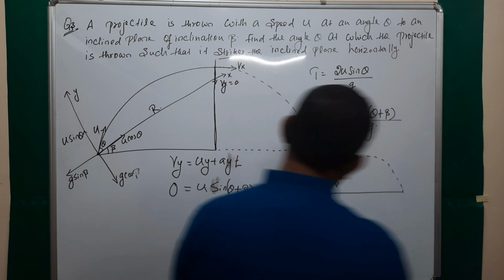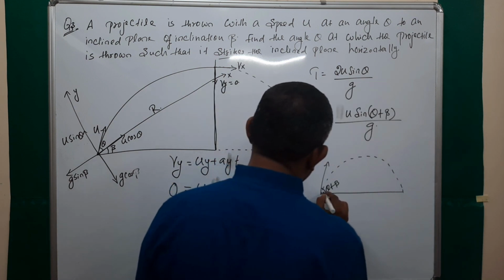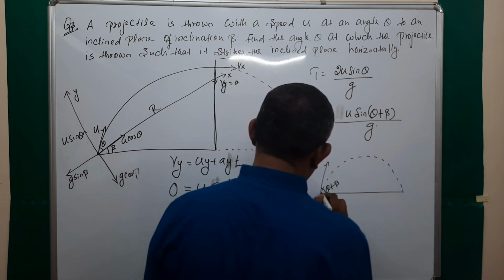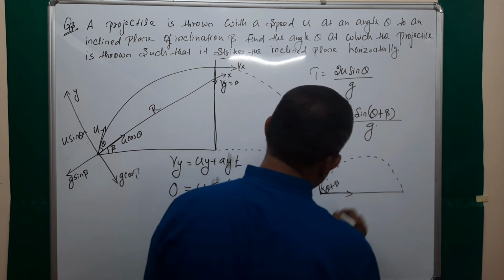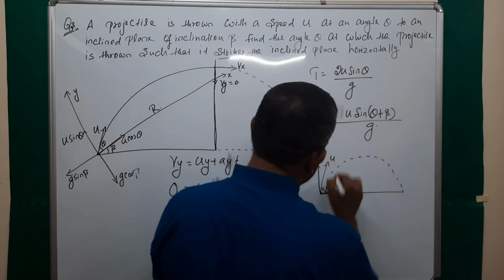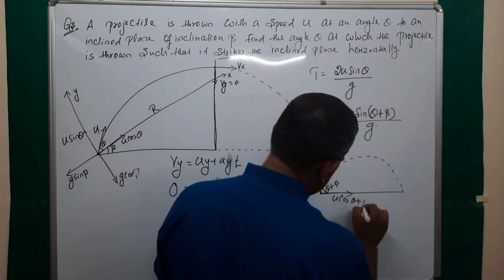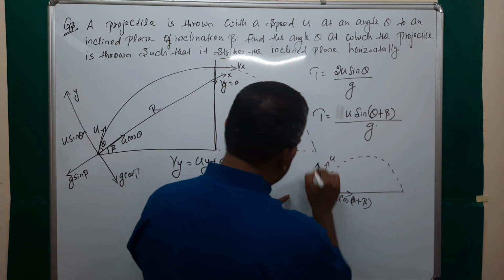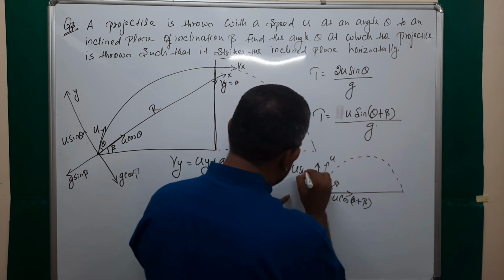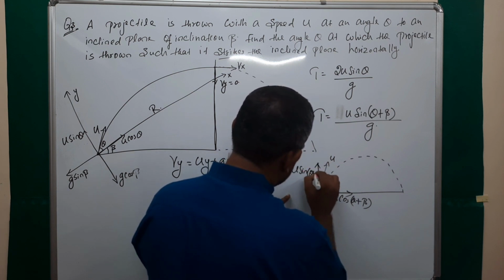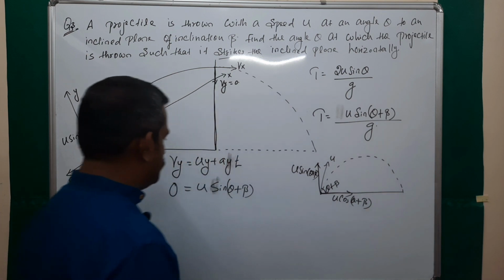This is the x-axis and this is the y-axis. With the initial velocity u, the horizontal component is u cos(theta plus beta) and this component is u sin(theta plus beta).